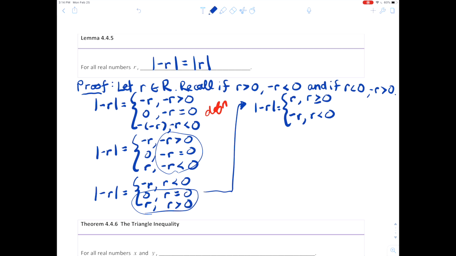Because it'll just be itself. So that's from the top. But what is this definition? Well, on the right side, it's the definition for absolute r. So we're all good. We showed it.